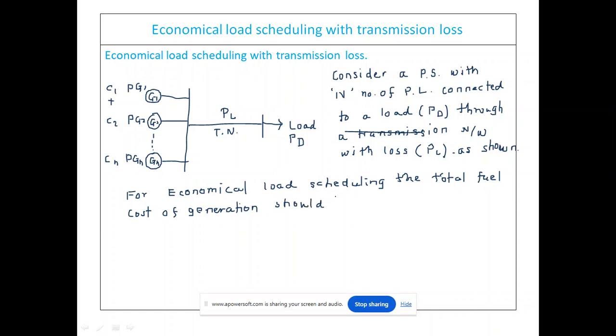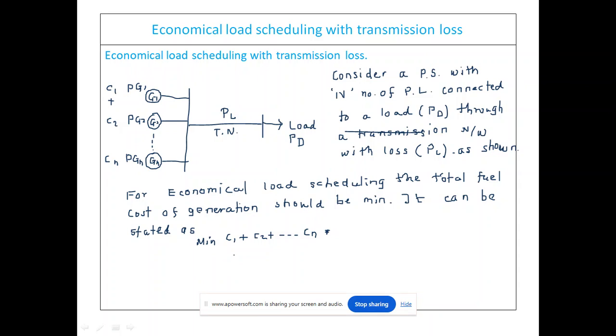This is the requirement or the objective of our problem. It can be stated analytically as C1 plus C2 plus so on up to Cn, the total cost of generation, should be minimum.